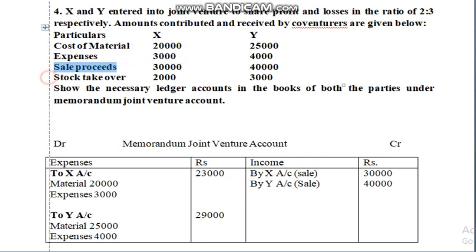Now stock taken over. 2,000 worth of goods taken over by Mr. X and 3,000 worth of materials taken over by Mr. Y. While taking over the materials or goods, X and Y pay the price of that material to the business. So it will be income. Any stock or material taken over by a co-venturer is income for the joint venture business.